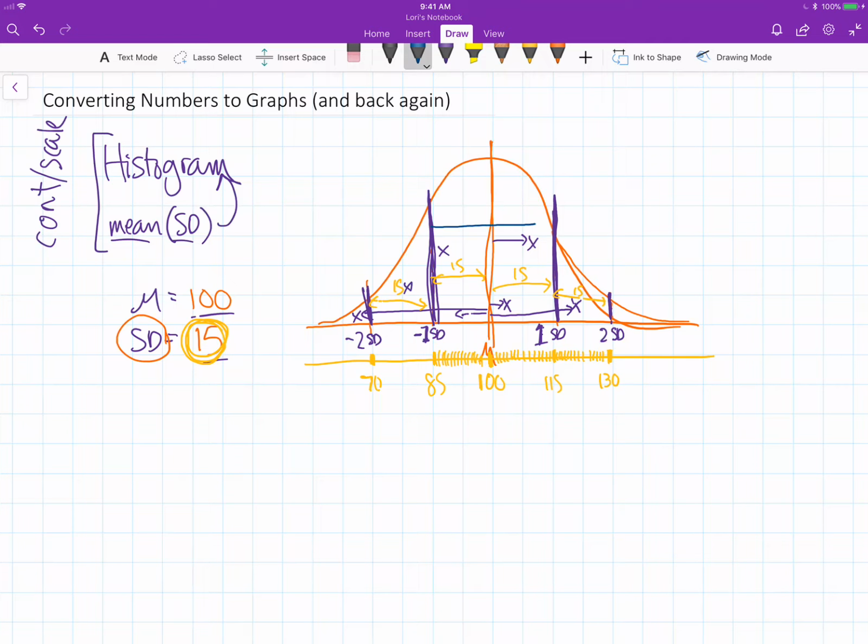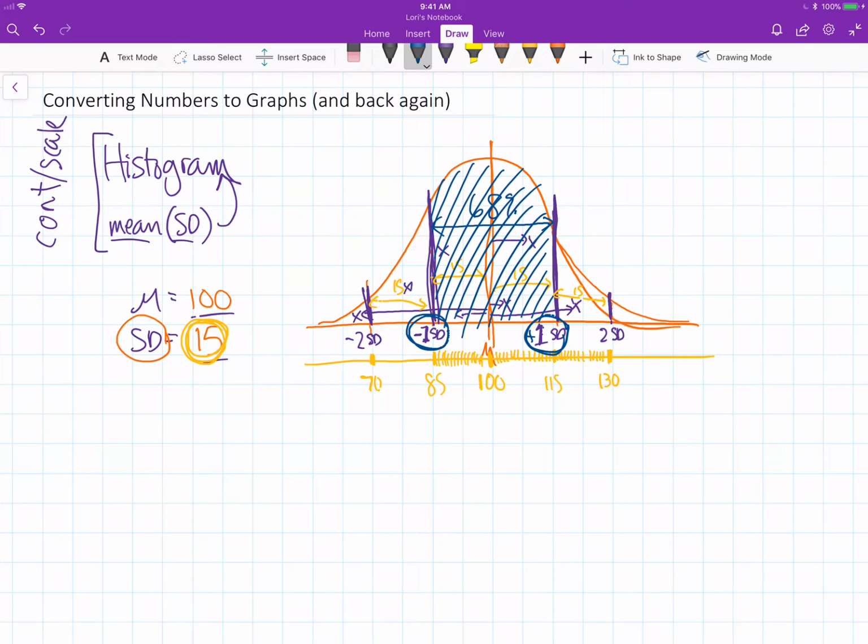But within this area that goes between +1 standard deviation and -1 standard deviation, the percent under the curve is 68%. These are just numbers that you would have to memorize. So this area right here accounts for 68% of my sample. That's a big chunk. That's a little bit over 2/3.